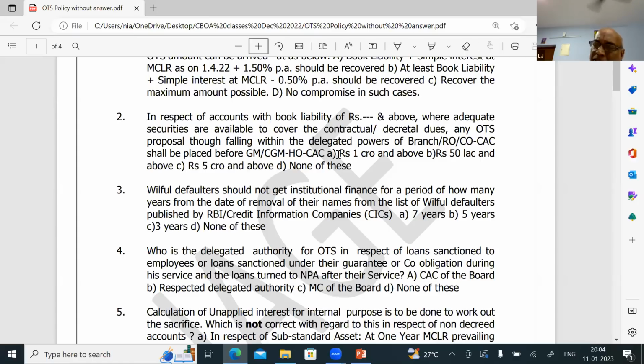I told you, if the book liability is 1 crore and above, and sufficient securities are available, even though as per the formula the borrower is willing to pay, those proposals should be submitted only to HO. So the amount is 1 crore and above. Question number 2, your answer should be A.